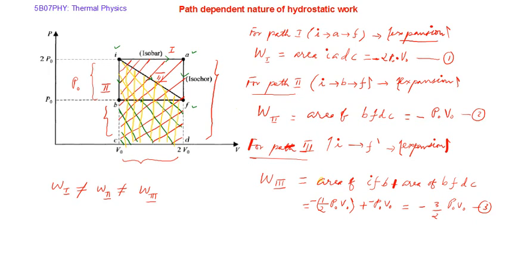Each has got a different value. So one is minus P0 V0, the other one is 2 P0 V0, and the third one is 3 by 2 P0 V0. So the conclusion is that the hydrostatic work done during a process depends on the path.